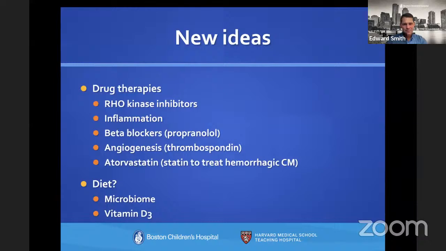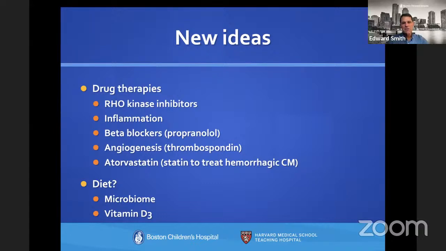That said, there's been a lot of new advances, and cavernous malformations, I think, have really been the beachhead for some of these exciting advances in science. Drug therapies, I think, are, if not imminent, very close to coming around the corner. As I mentioned earlier, CCM1 and 2 in particular are very involved in the aberrant regulation of these Rho kinases.